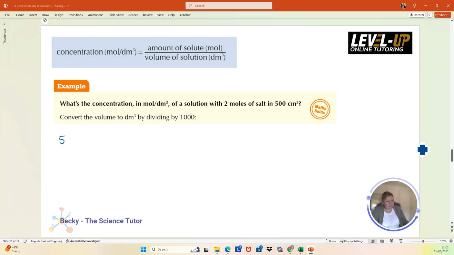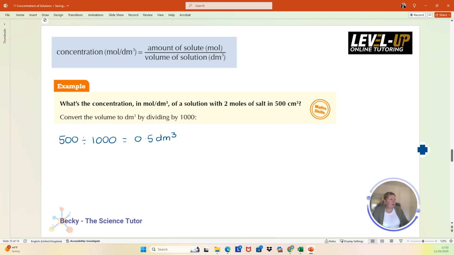We need to convert that centimetres cubed into decimetres. So we're going to do 500 divided by 1,000, which gives me 0.5 decimetres cubed, and this one is nice and straightforward to start with.